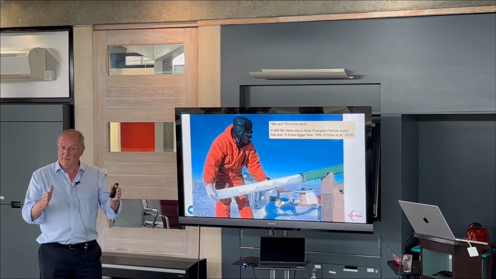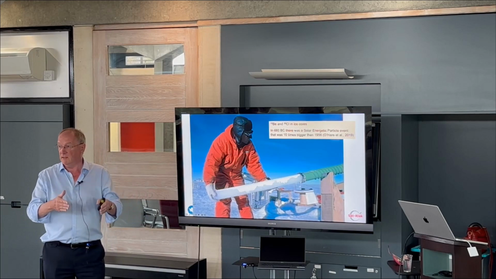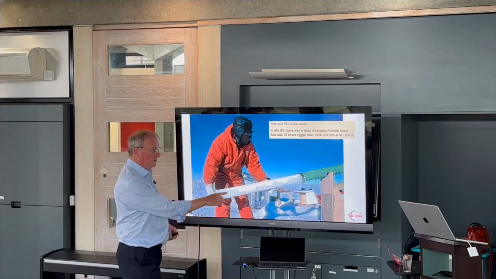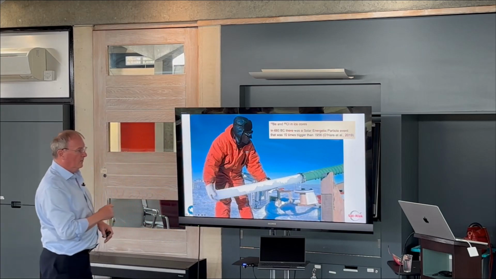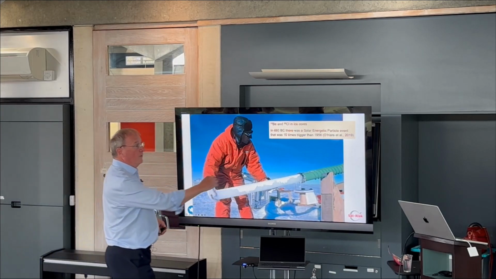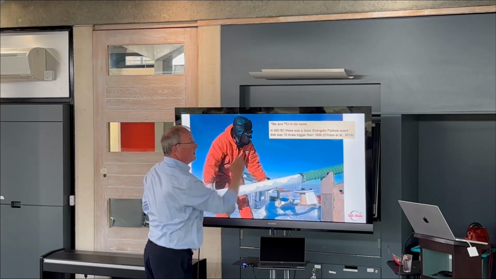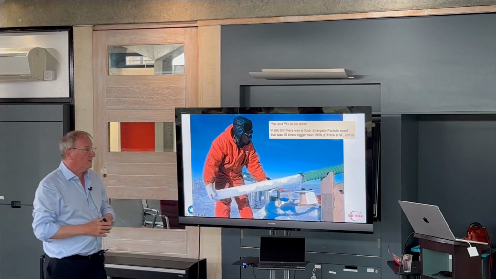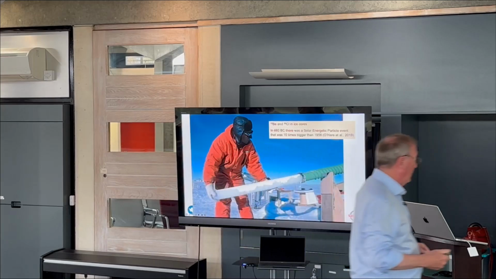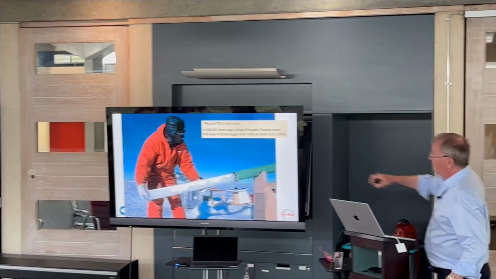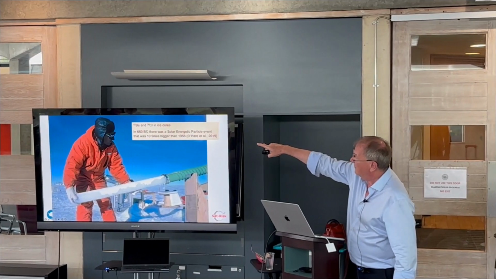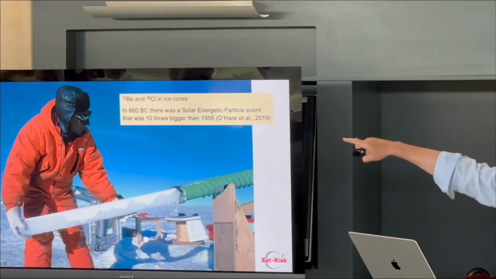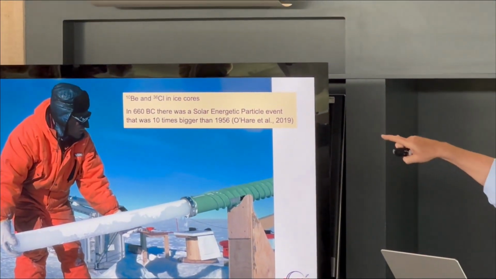So a lot of that is done for climate change, looking at changes in CO2 and changes in temperature. But we can also analyse the ice cores. There's somebody actually taking out one of them from the drill. And we can analyse the amounts of these, and we can try and work out radiation storms and when they've occurred in the past. So in 660 BC, this is one I picked out, there was an event which we estimate, or was estimated by this paper, was 10 times bigger than the largest event we've seen in living memory.